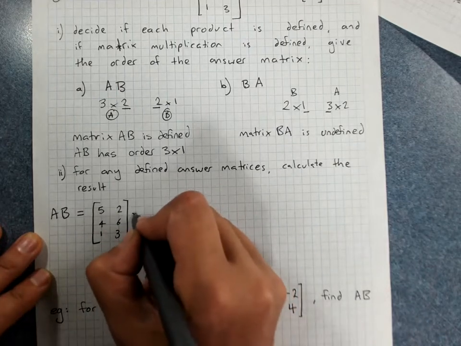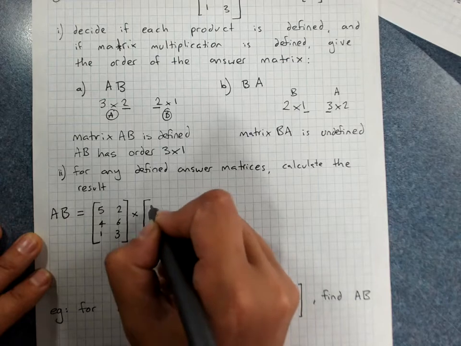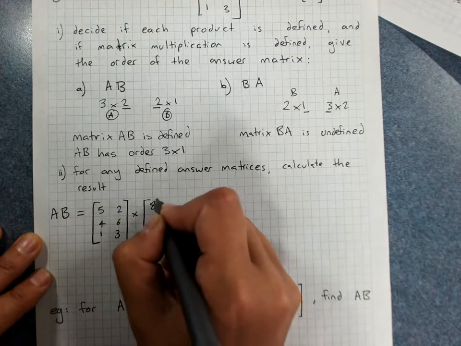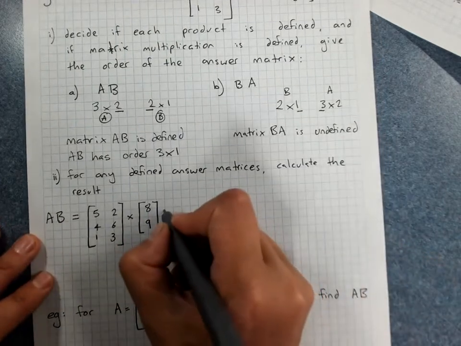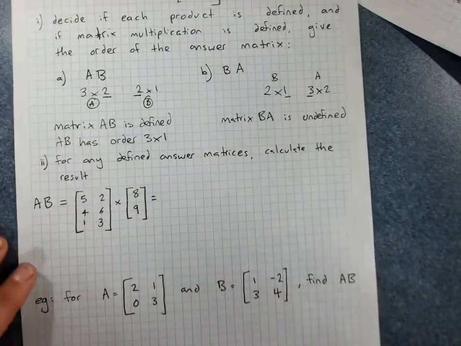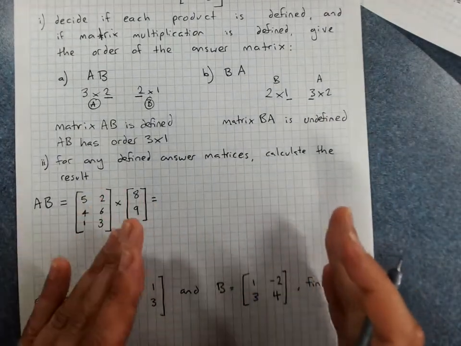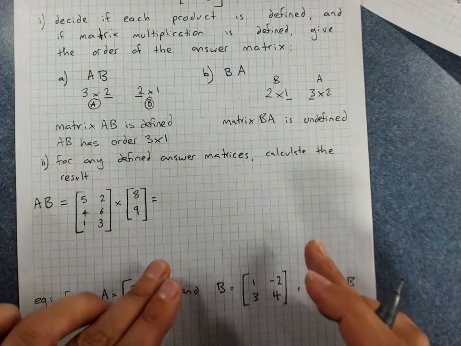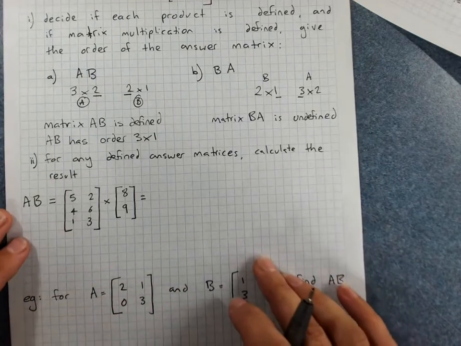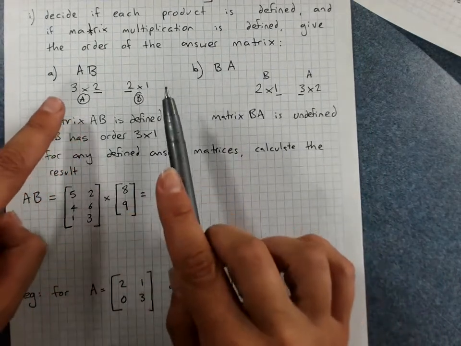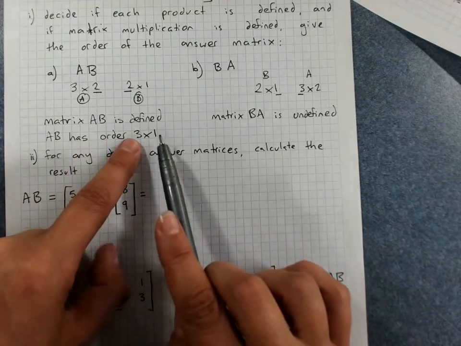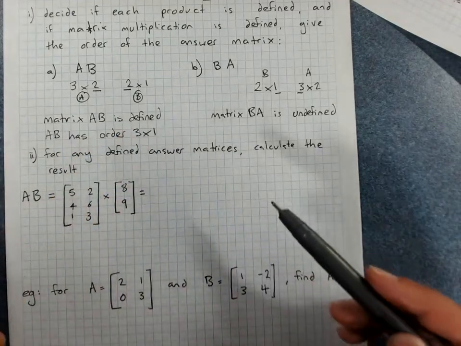You can put the times sign if you want, you don't have to. And then set up a large space for working out to get your result. You know you're going to end up with a 3 by 1 matrix.